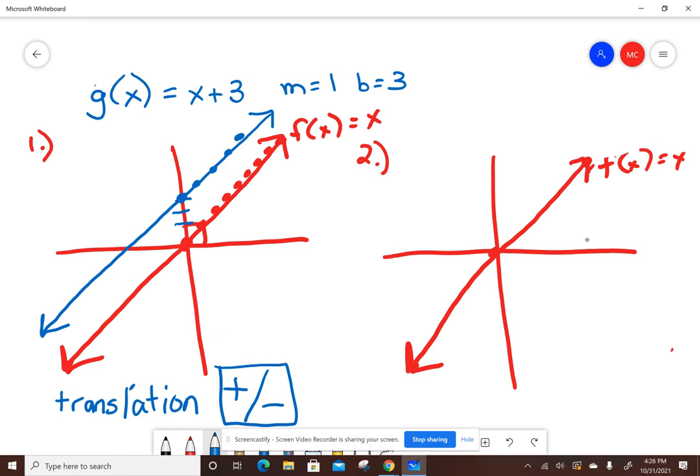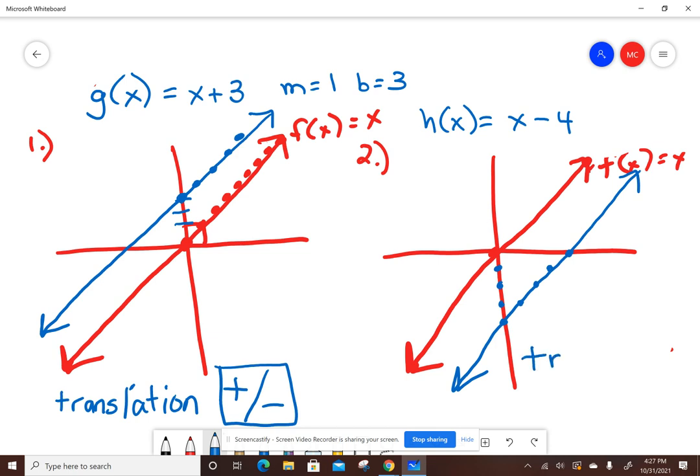Now, let's look at number 2. Number 2, they give us another function, h of x equals x minus 4. So for this one, I start with a y-intercept of negative 4. And then I go up 1 over 1, up 1 over 1, up 1 over 1, up 1 over 1. And I notice this is also parallel to the parent linear function, but it's shifted down 4.